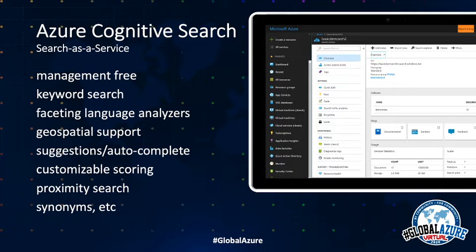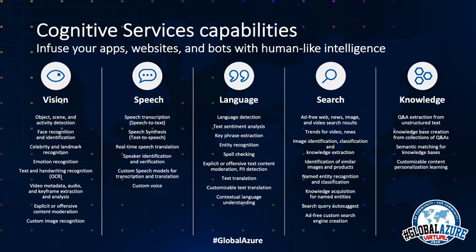So yeah, you can combine this cognitive search with other services. For instance, you can add optical character recognition, OCR, to identify text within your images, or you can include speech transcription to search by your voice. So what about the translation I already mentioned, from one language to another?